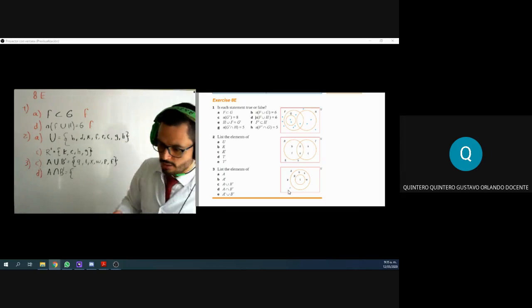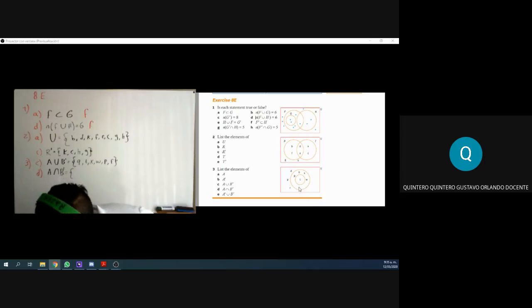So let's look at our diagram. In set A, these are the elements of set A, right?